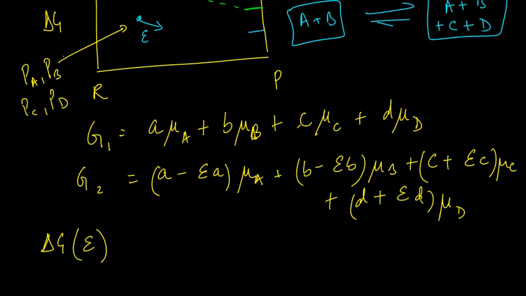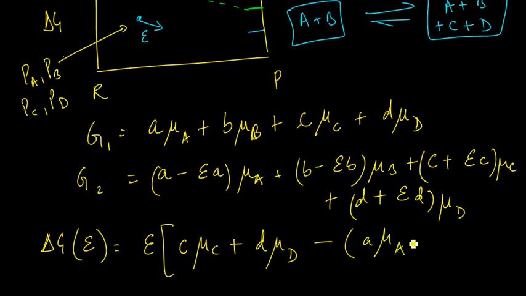So that is G final minus G initial, which comes out to be epsilon times (C times mu C plus D times mu D minus A times mu A plus B times mu B). Yes?